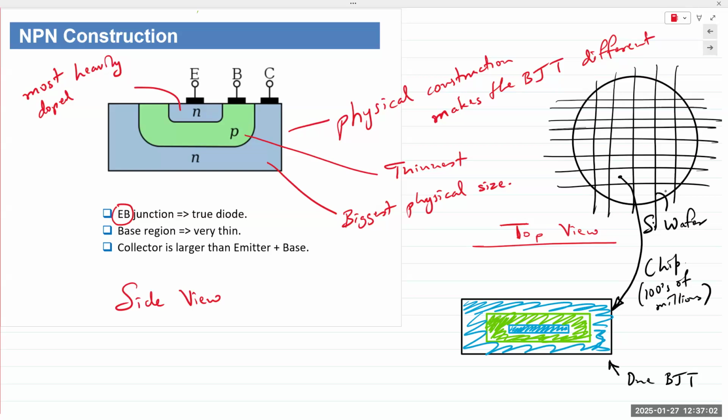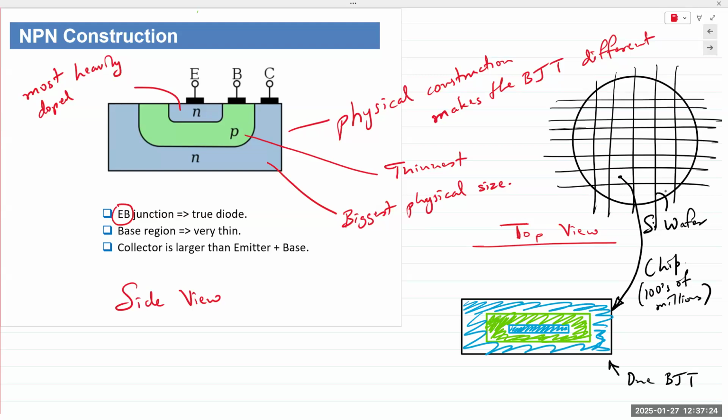So the way it works is you have a silicon wafer, you create an opening in that silicon wafer, you implant your impurities in there, and you create an N-type structure. Then you create a small opening inside that N-type structure and you implant P in there. So now you get a PNP transistor.